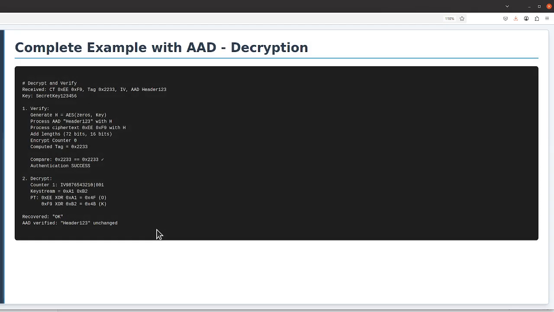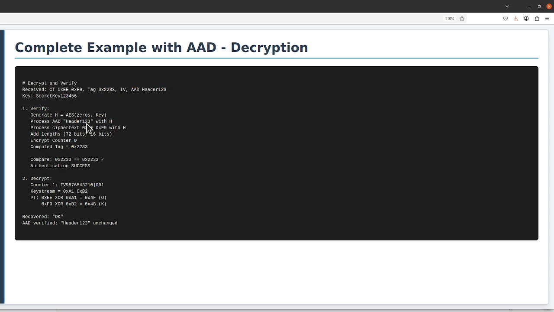Complete decryption example with AAD. Now let's decrypt and verify the message we just encrypted. The receiver has ciphertext 0xEE, 0xF9, tag 0x2233, IV beginning with 98 ending with 10, AAD header 123, and secret key beginning with 12 ending with 56.